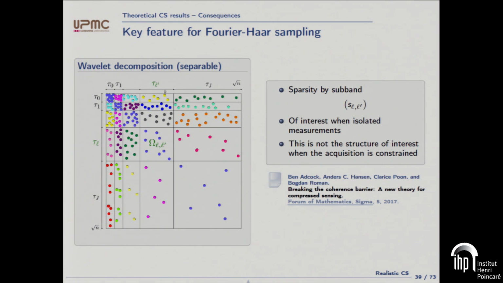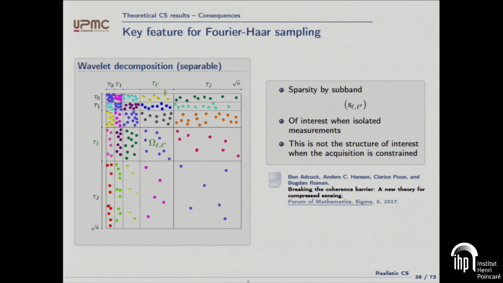Your first guess could be the answer of Anders on Monday, saying that you should consider the sparsity by subbands. So this is the 2D wavelet domain here. I have my 2D subbands, and Anders needed information about the number of non-zero coefficients in each rectangle, right?